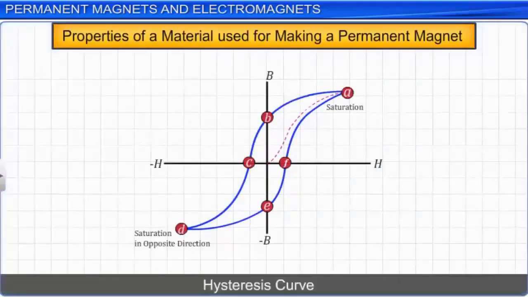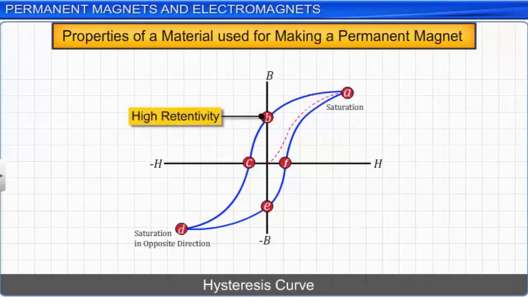The material should have high retentivity in order to retain its magnetization for a long period of time and increase the strength of the magnet. The material should have high coercivity so that it does not lose the magnetic property during temperature fluctuations, unwanted or scattered magnetic fields, and minor mechanical damage.